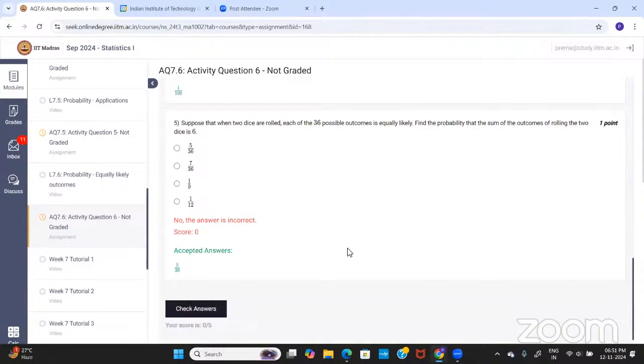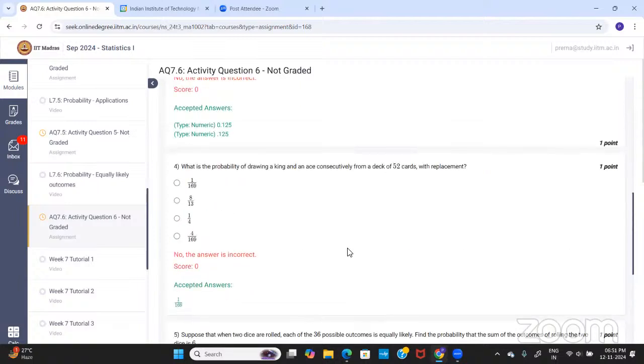In question number 4, the equation that we formed was 4 divided by 52 into 4 divided by 52 with replacement. Without replacement, what will be the equation? Suppose you are drawing a king in the first draw. The probability of drawing a king will be 4 divided by 52.